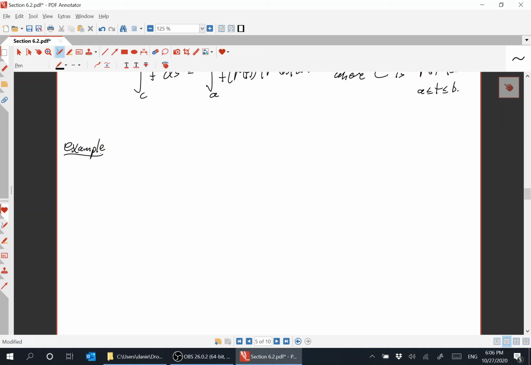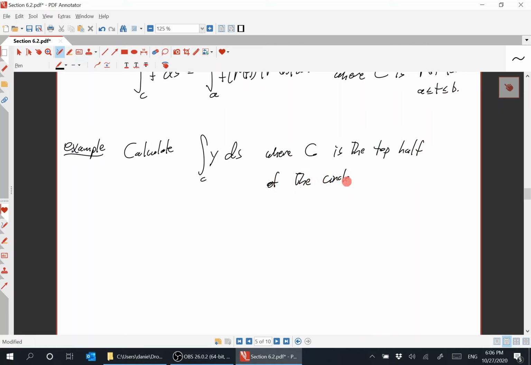So let's calculate the integral over C of y ds, where C is the top half of the circle of radius 1 centered at the origin. Right, so this is C.